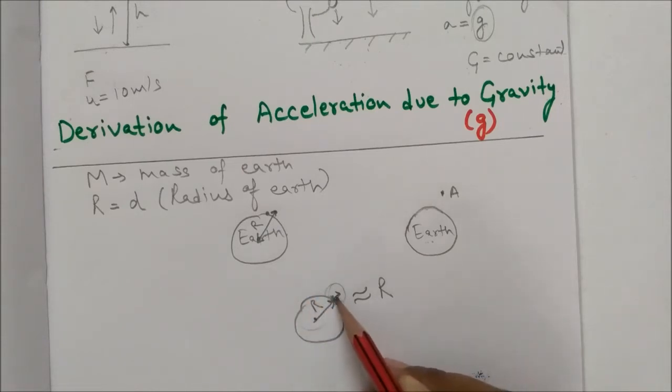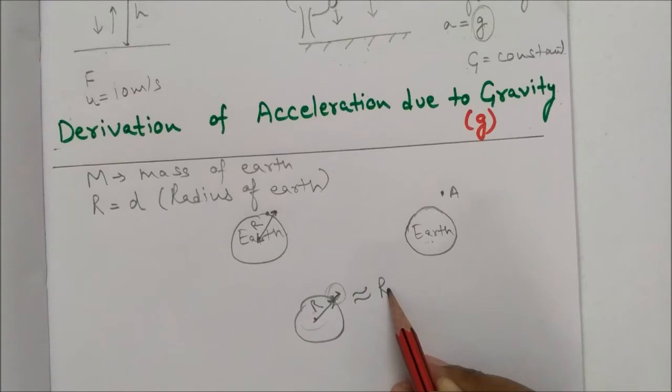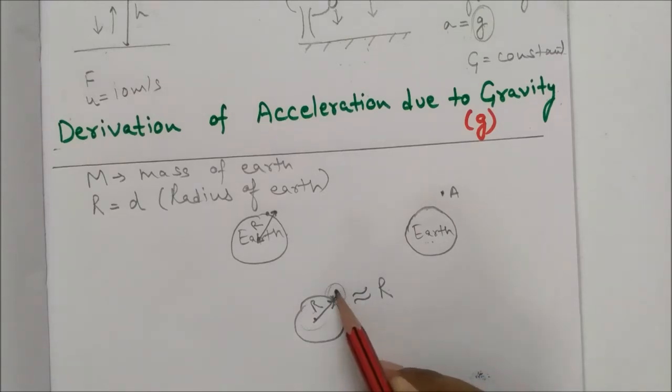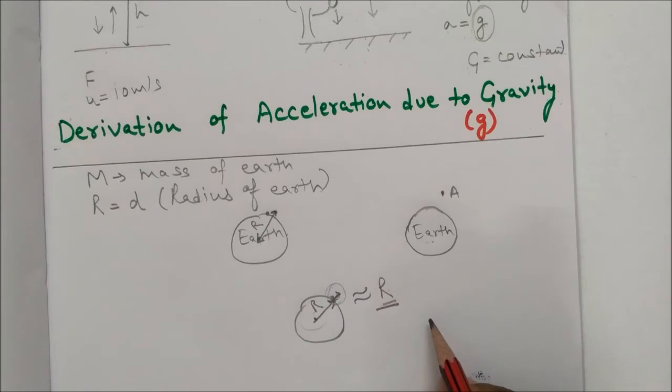I'm neglecting this distance, so R will be the distance between the object and the core of the earth, which is the radius of the earth only. This will be the case only when I am considering gravity.